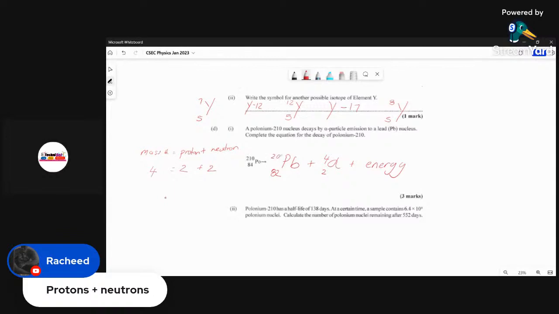Excellent. So let's do a check to make sure that our right side is balancing with our left side. 206 plus 4 is 210. Excellent. 82 plus 2 is 84. Very good. So our answer is done. We get our 3 marks: we have our symbol, we have our product, and we have our alpha there. Done. Just got our full marks for that question.